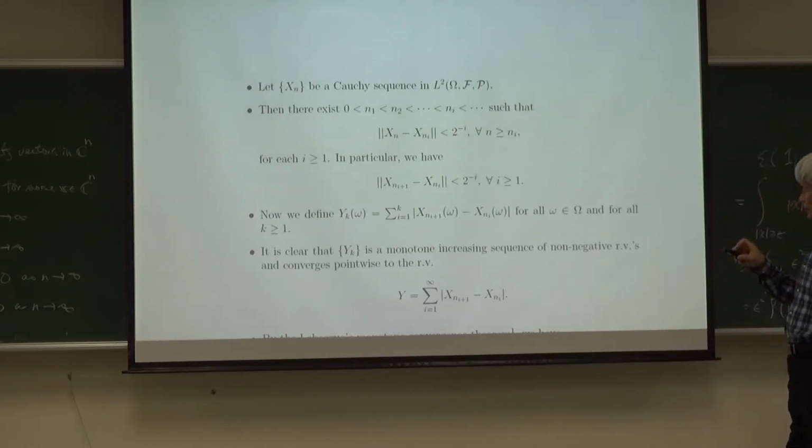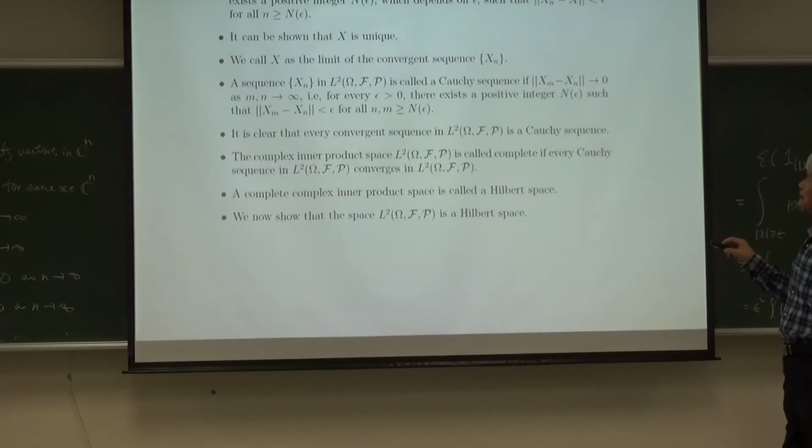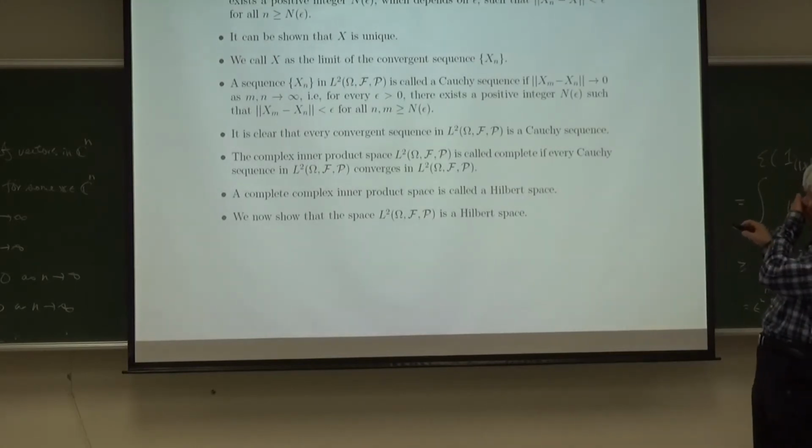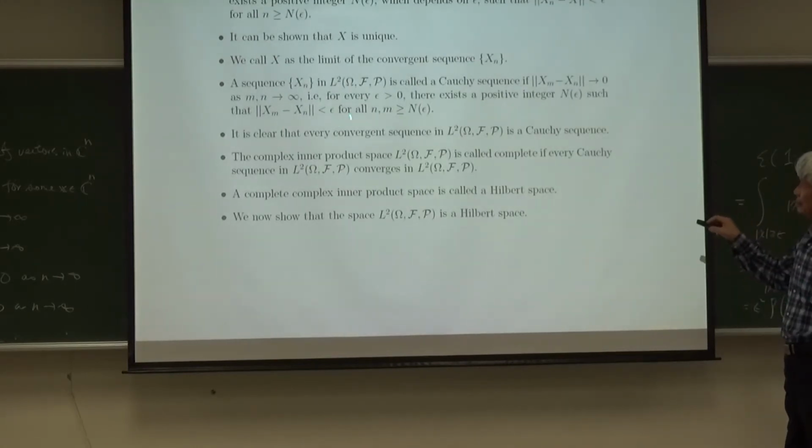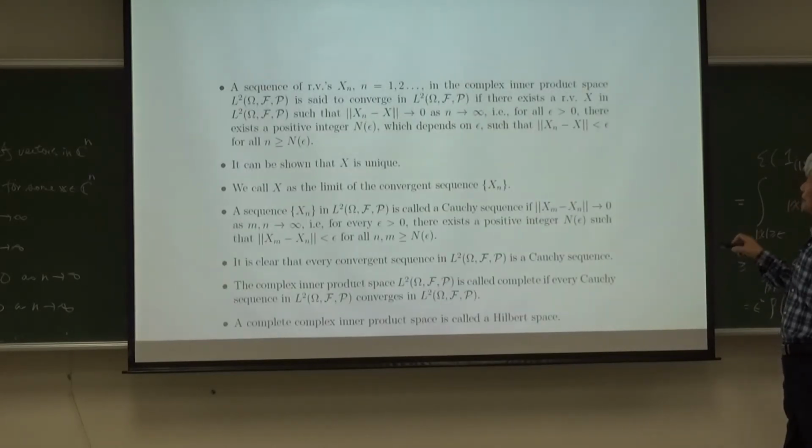This is possible because for a Cauchy sequence, we can preset an epsilon. For example, we can preset epsilon to be 2 to the minus i.